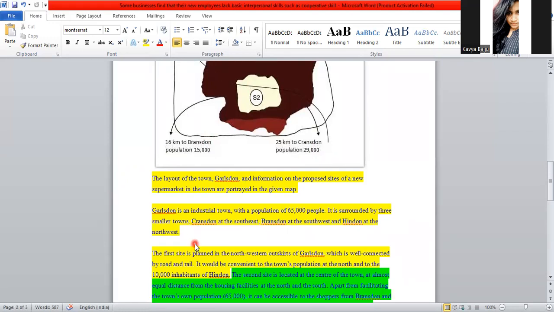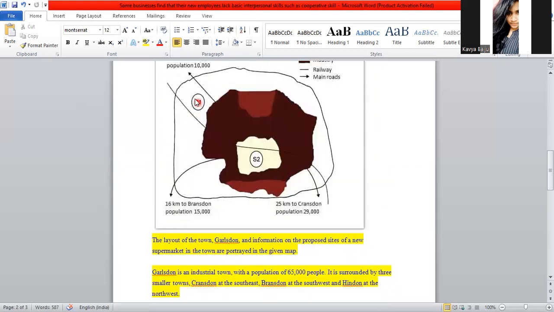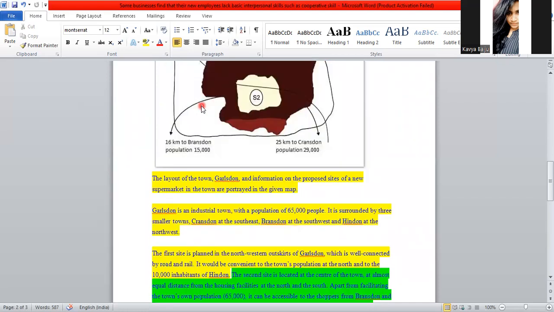Now the first site is planned in the northwestern outskirts of Garlsdon, which is well connected by road and rail. So this is the site, on the northwest side. It would be convenient to the town's population at the north and to the 10,000 inhabitants of Hindon.